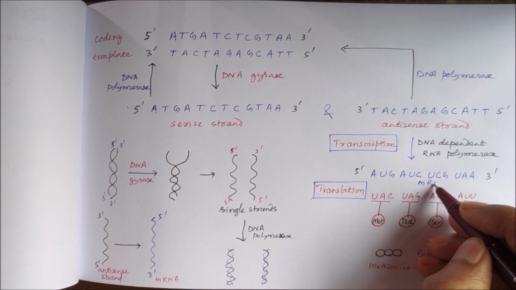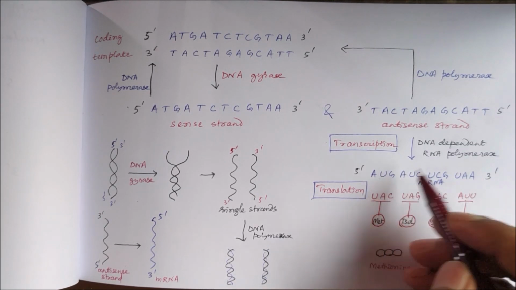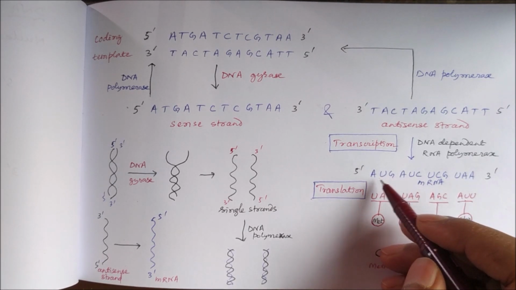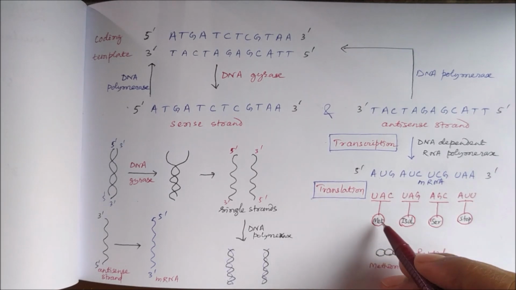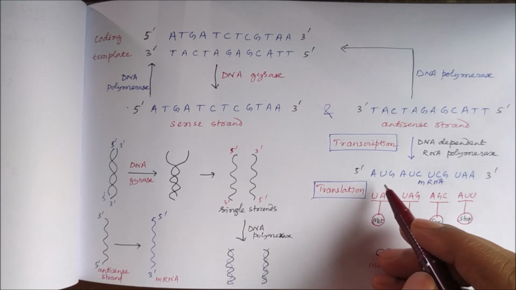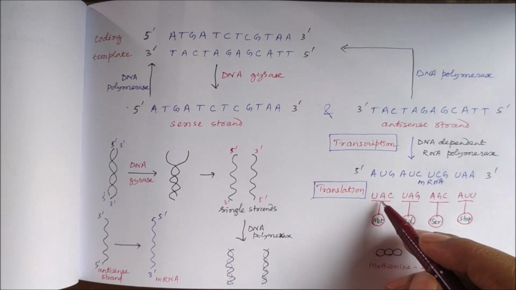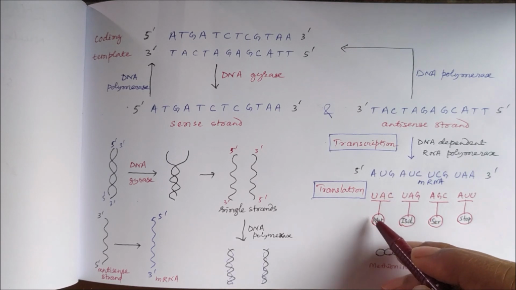So this is the messenger RNA, and 3 bases together form the code, or codon. The transfer RNA, which is similar to a T structure, has the anticodon at one end, and at the other end it has the amino acid.